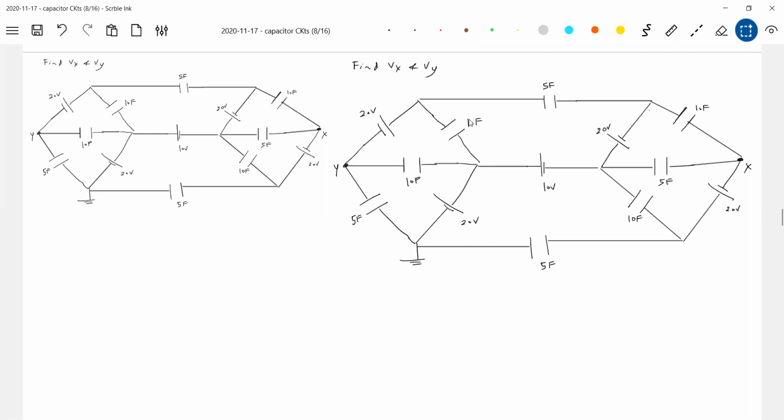Potential x and y, that is what is needed, no? So I'll define the potentials, no?